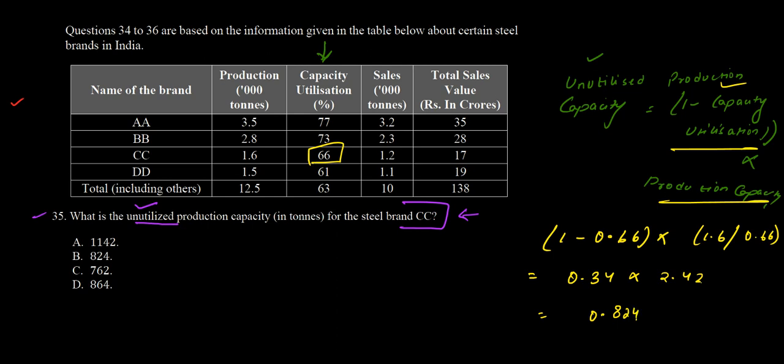Here we can see the production is in per thousand tons, and the unutilized production capacity is required in tons. So 0.824 will be multiplied by 1000, and this will give us 824 tons. So our answer to this question will be 824 tons. Let's check the options. Option B says 824 tons. Hence option B is the correct answer to this question.